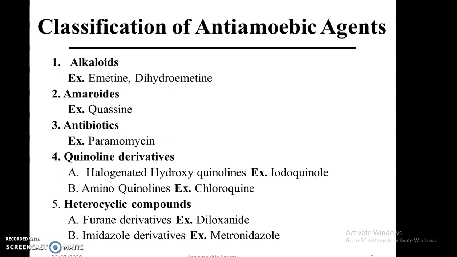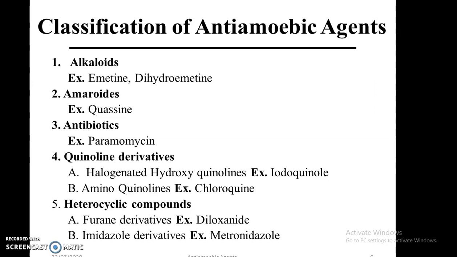These agents are classified as follows. First class, alkaloids; examples are emetine and dehydroemetine. Second class is amaroids; example is quassia. Third class is antibiotics; example is paromomycin.